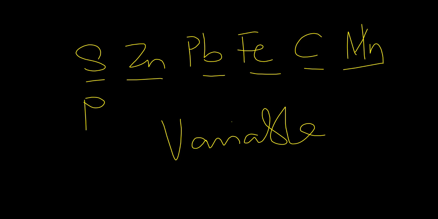These are the elements. They have variable oxidation state, and you need to remember them. It's very important you remember. In the next episode, we'll be looking at how to determine the oxidation state of these atoms that have variable oxidation numbers. Let's move on to the algebraic sum rule.